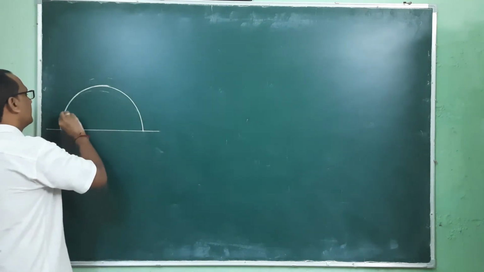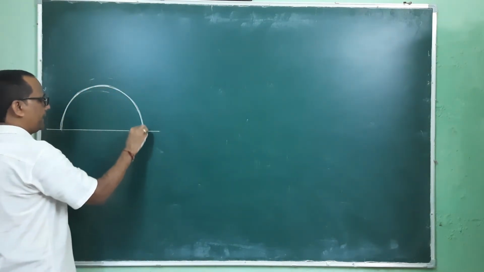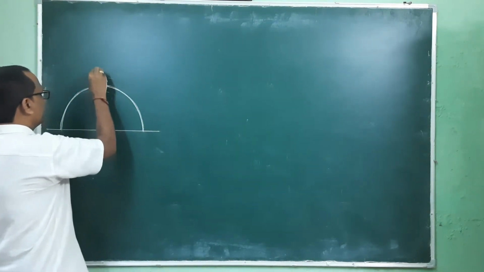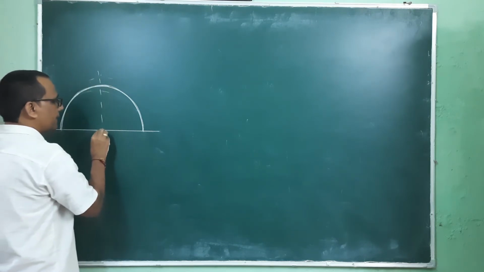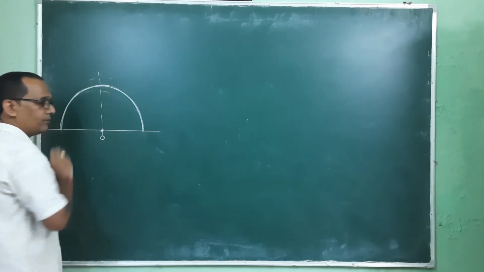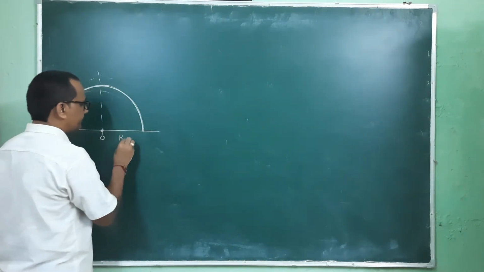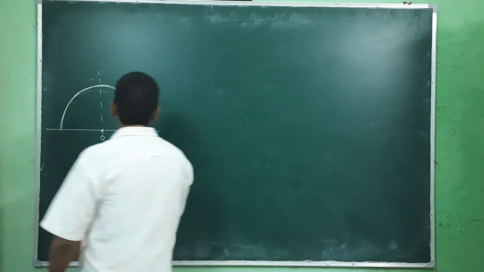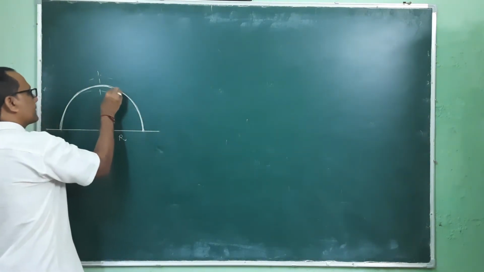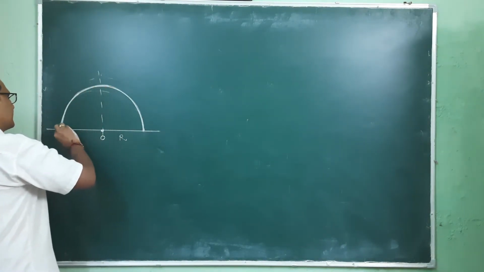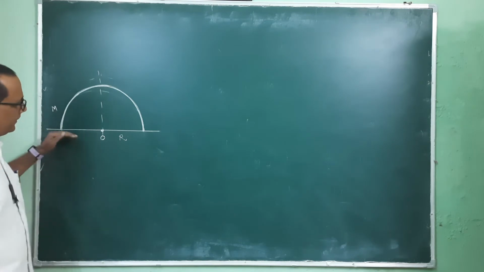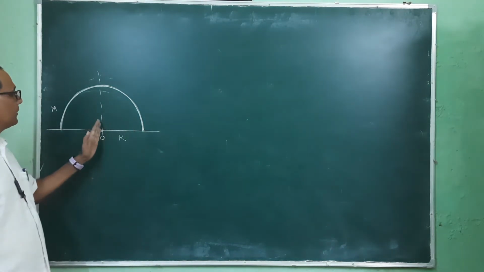and the radius of this ring is, let's say, this is the center, this is 0, and the radius is r. Obviously the mass of this ring is, again let's say, capital M, and along the x-axis there is nothing.